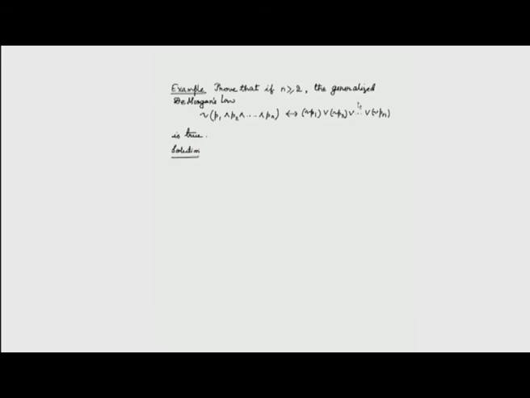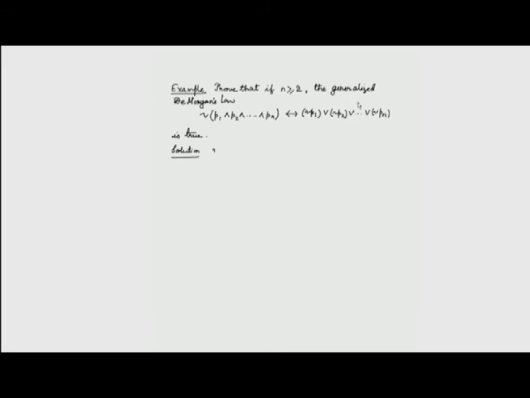Now, here we see that it is somewhat meaningless to start from n equal to 1, it is from n equal to 2, because the De Morgan's law, the one that we have already studied, involves two propositions.